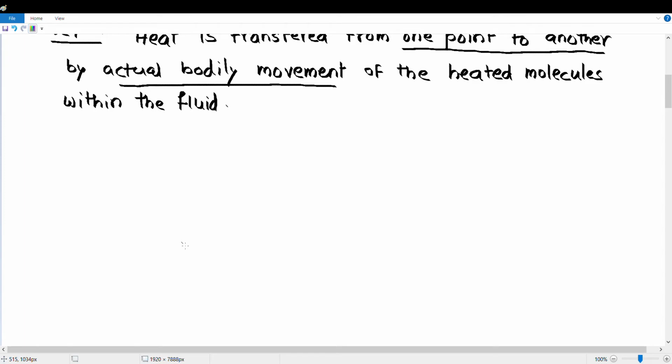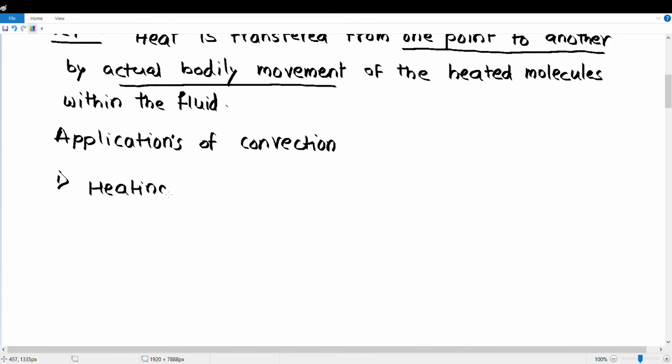And now let us see the applications of convection. First application, heating and cooling of rooms.